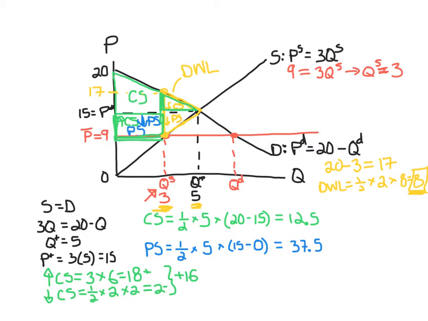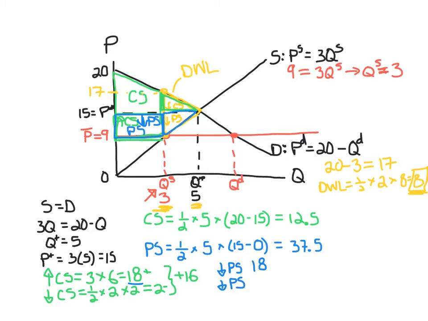All right, so now the producer surplus. We know that producer surplus falls in 2 dimensions. So first, let's calculate this rectangle, right? The producers lose this rectangle. It goes to the consumers, right? So we already calculated that over here. It's equal to 18, right? And then they also lose because of the lower number of transactions.